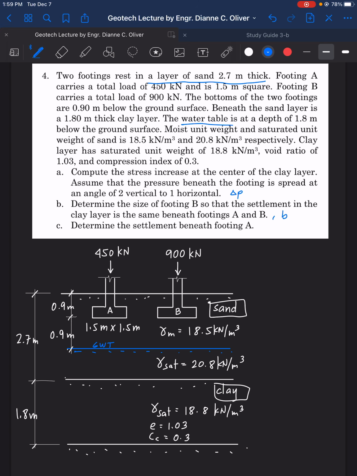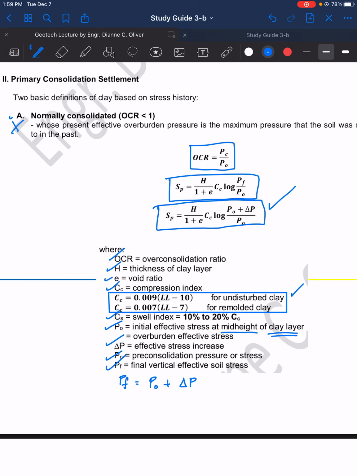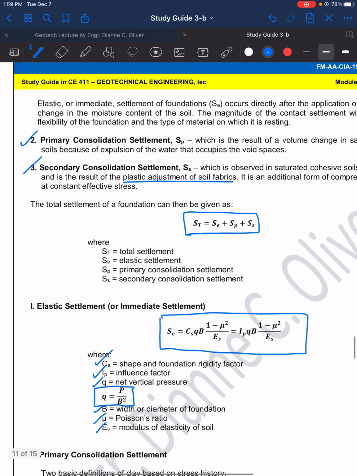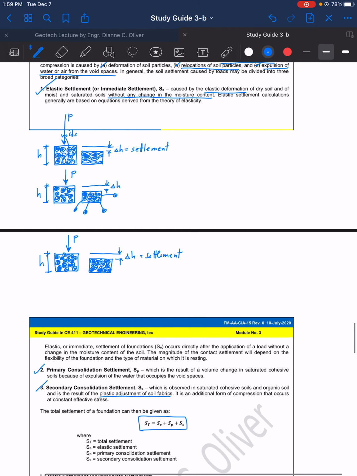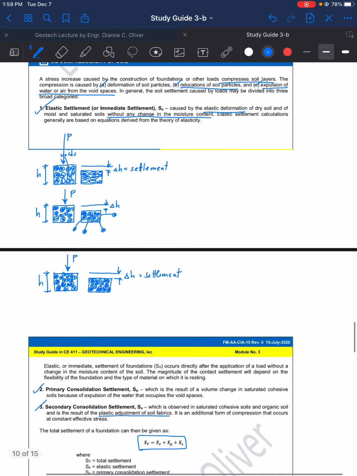Letter C, determine the settlement beneath footing A. So settlement S, so we need to choose. So are we going to use the elastic? So remember, we have here the 3 categories. We have the elastic settlement, the primary consolidation settlement, and the secondary consolidation settlement.